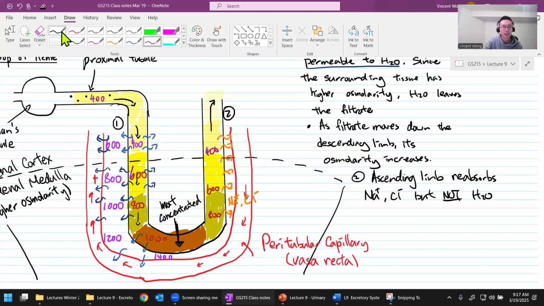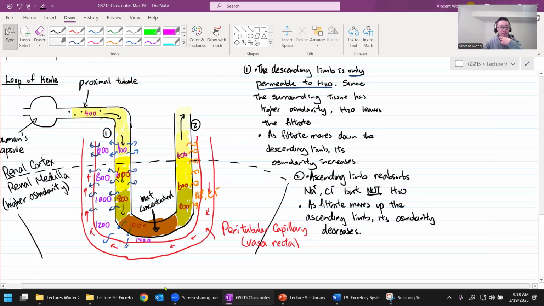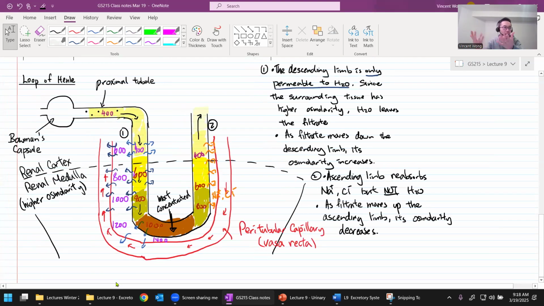Okay, so let me just put that down for you: as filtrate moves up the ascending limb, its osmolarity decreases. That's the loop of Henle. Questions?